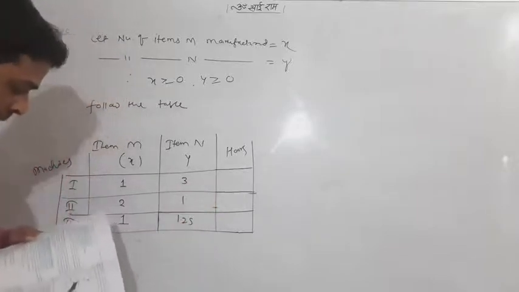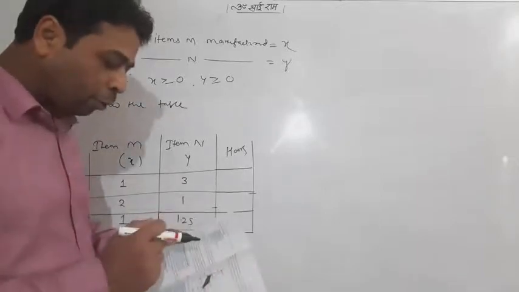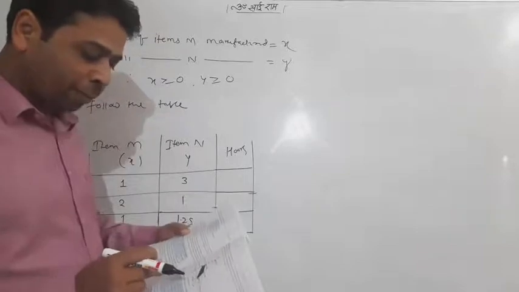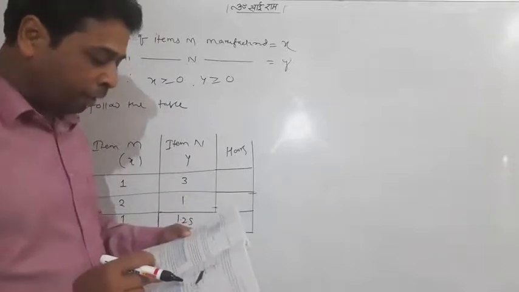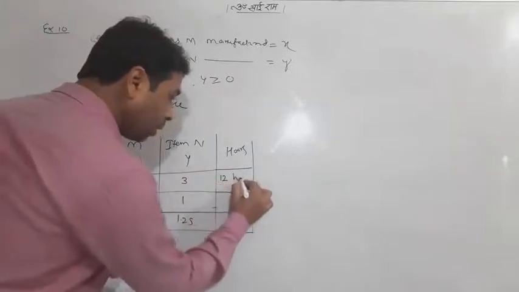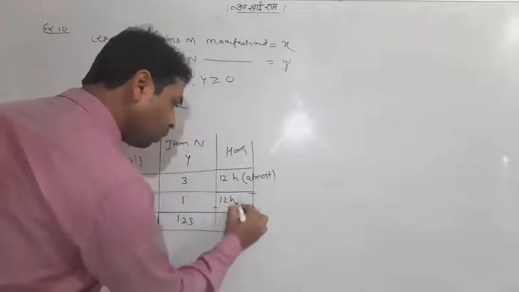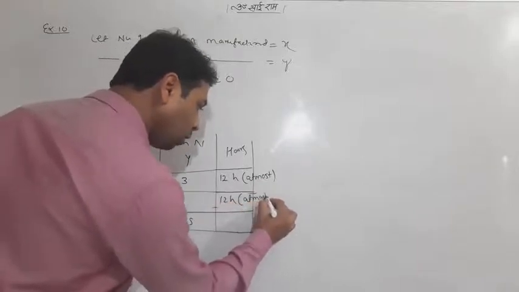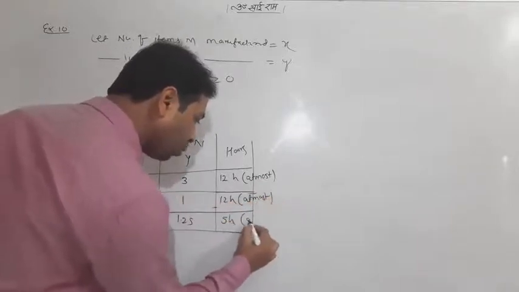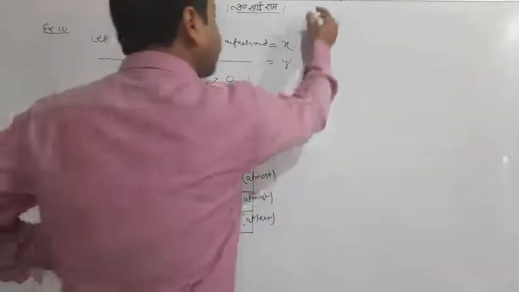And available hours are given: you can read in the question that machine 1 and machine 2 are capable of being operated for at most 12 hours. So machine 1 is 12 hours, at most. Machine 2 is again 12 hours, again the word at most. Machine 3 is 5 hours, the word at least was told. The objective function I'll write later.